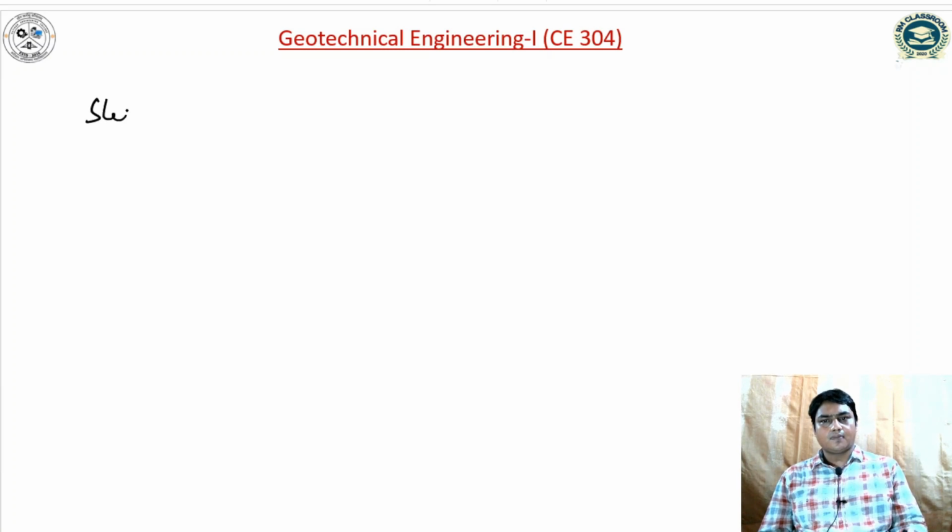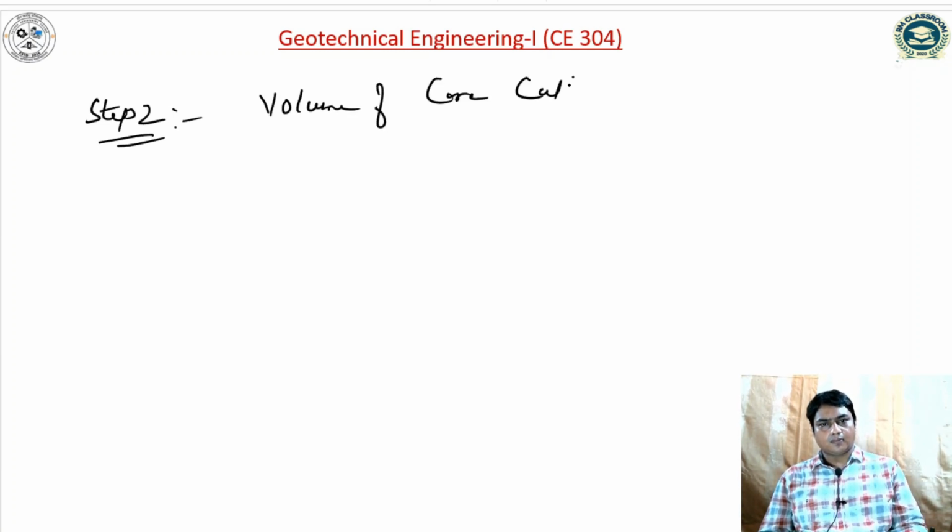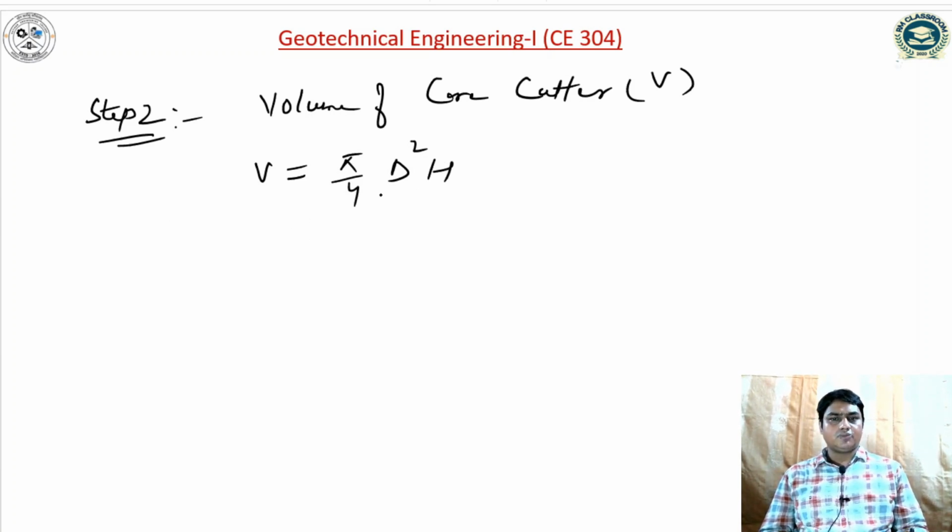Compute the volume of the core cutter, that is V is equal to pi by 4 D square H. Generally the internal diameter of the core cutter is 100 mm and height is 130 mm, and volume is approximately 1000 centimeter cube.